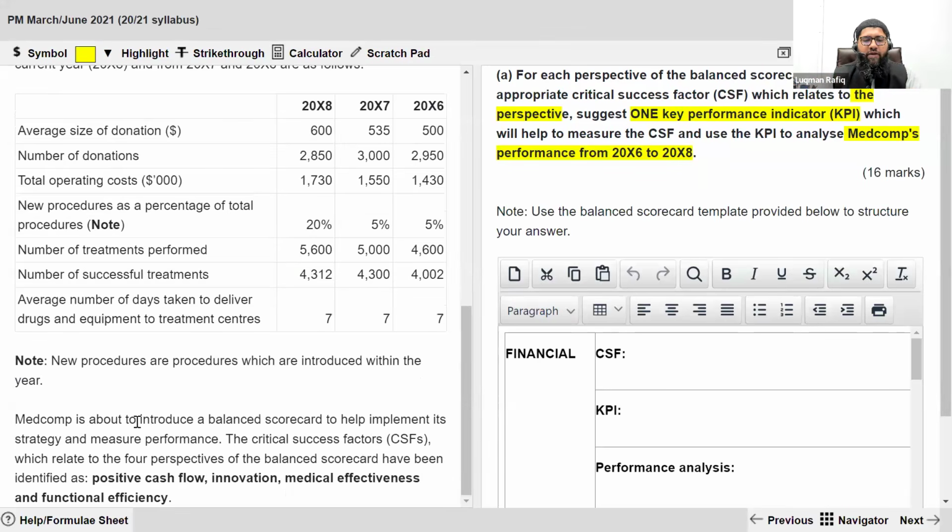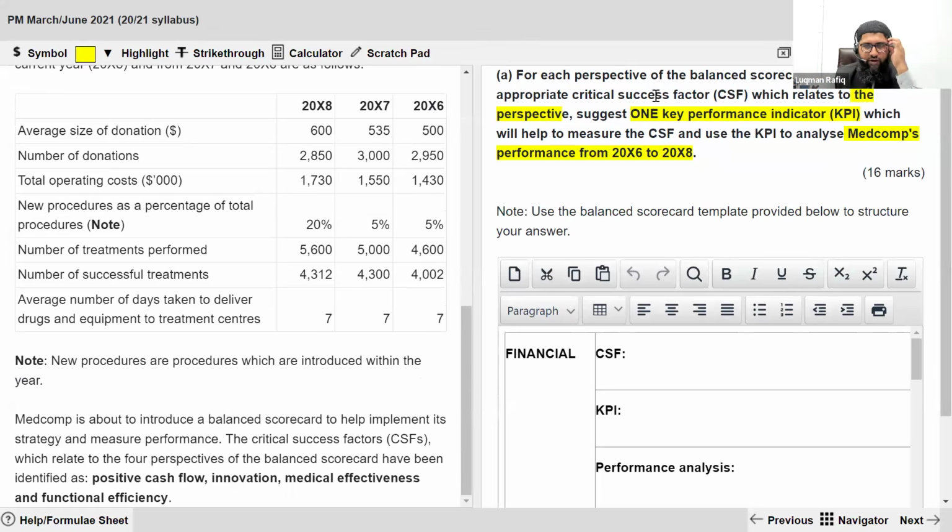It says Medcom is about to introduce a balance scorecard to implement the strategy and performance measures. The critical success factors which relate to the four perspectives of the balance scorecard have been identified as positive cash flows, innovation, medical effectiveness, and functional efficiency. Now let's try to understand this.